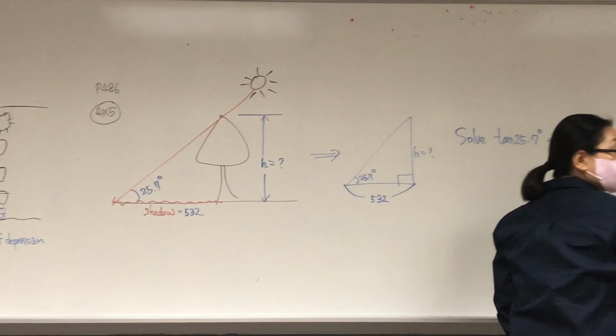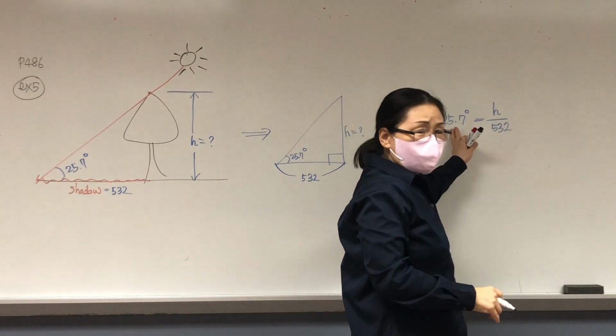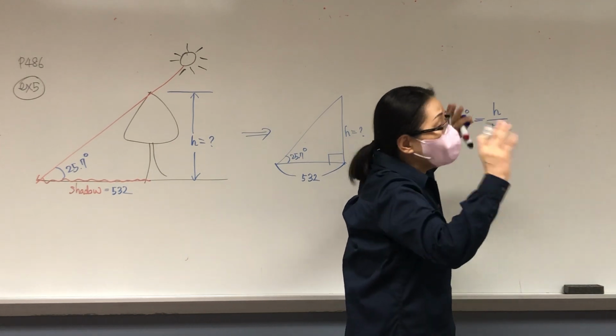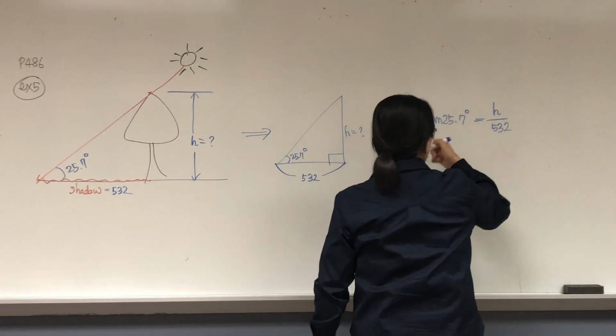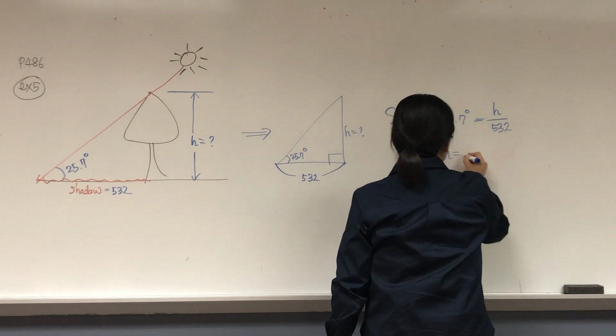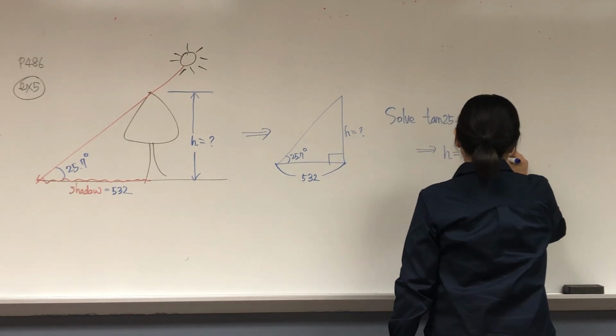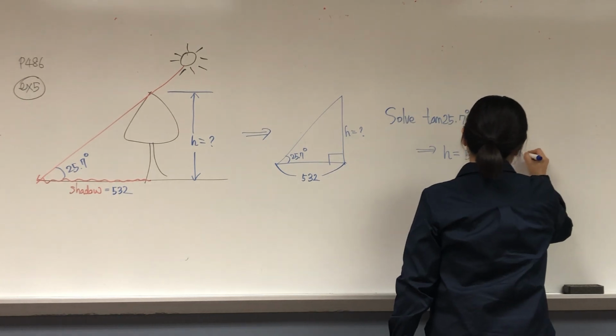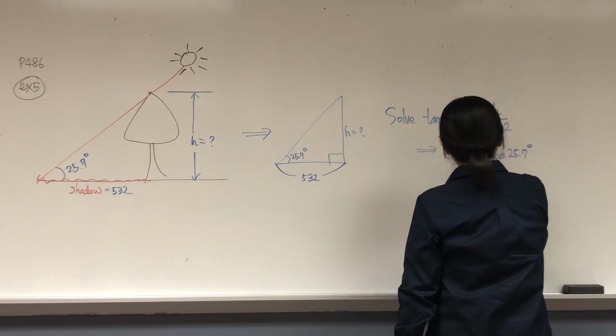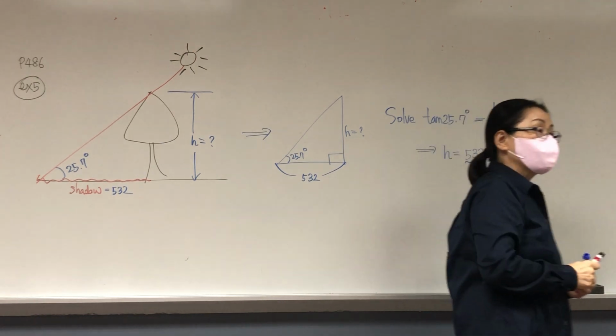Of course, this is not a special angle, but anyway we can solve. Cross multiplication. So H is equal to 532 times tangent 25.7 degrees. Using a calculator, you can do that.